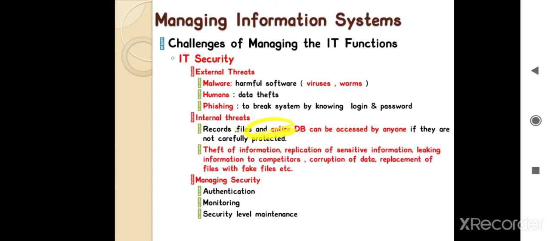Then it might be a problem. Once again, if we are not handling that data carefully, there might be a compromise of security. There can also be theft of information, replication of sensitive information, leaking of information to competitors, corruption of data, and replacement of files with fake files.